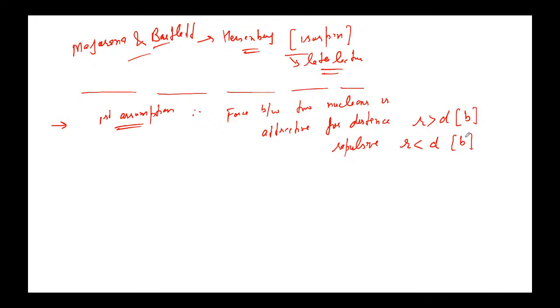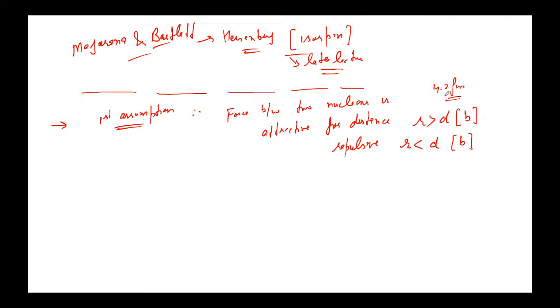When these two nucleons go apart, then some sort of attractive force comes into play, up to a distance of 4.2 femtometer. So this is our real assumption, and it makes the Wigner assumption wrong.